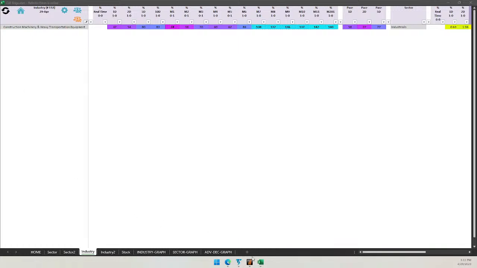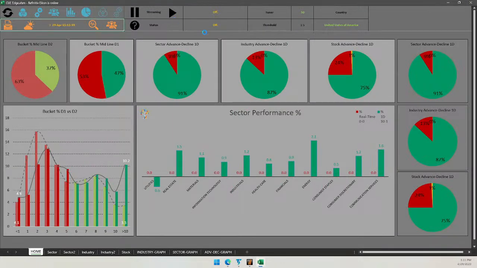Okay, let's look at a few more stocks. I also want to make sure that I have the latest scorecard. I think so because I saw the date as 29, but let me calculate the scorecard again. While doing that, the industry scorecard is being recalculated. Let me look at the next stock.